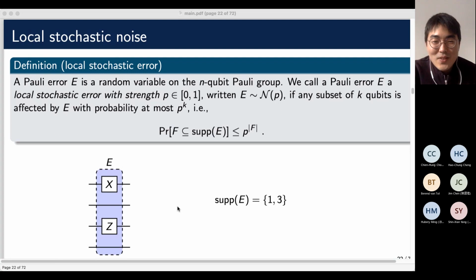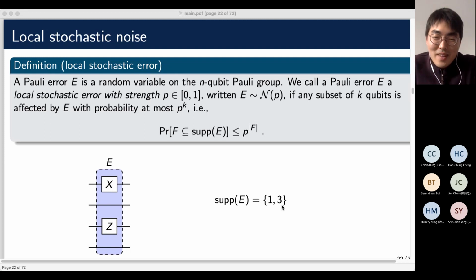Yes. So let's consider this Pauli operator E. Here it's X tensor I tensor Z tensor I, and then the support of E is the qubits 1 and 3.